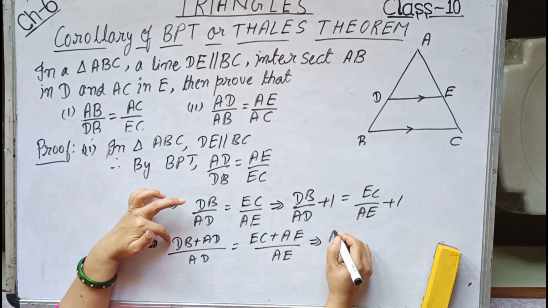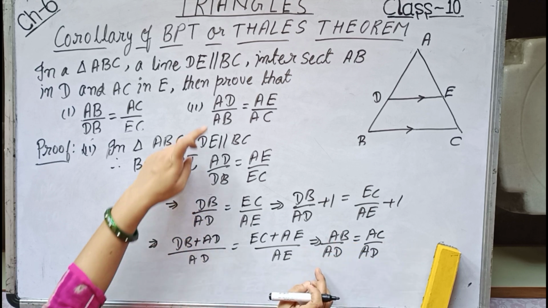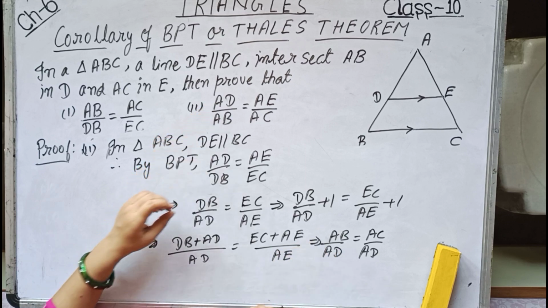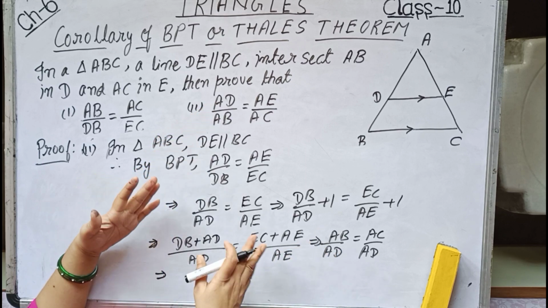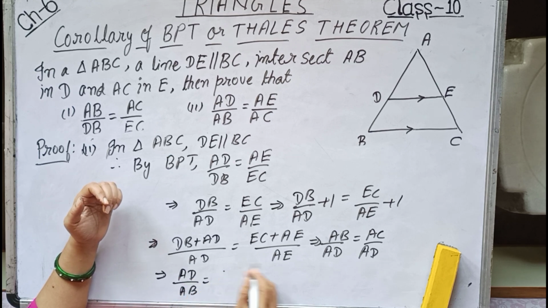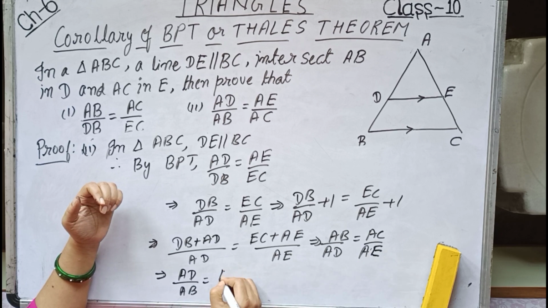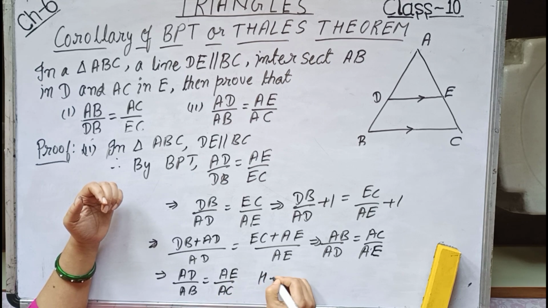This implies AB by AD equals AC by AE. So I'll have to reverse it, because AD is required to be written in the numerator. So this implies AD by AB equals AE by AC, and hence proved.